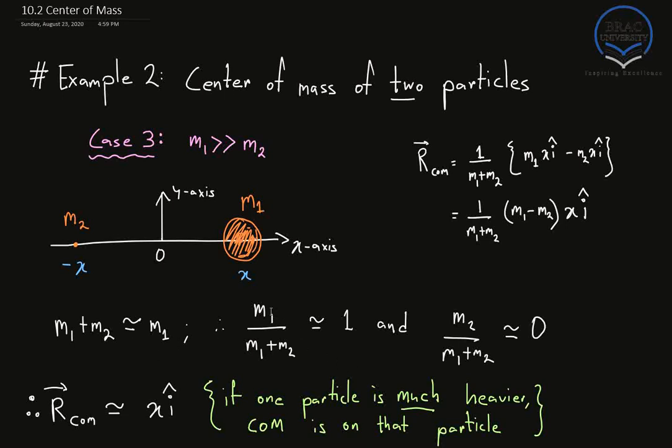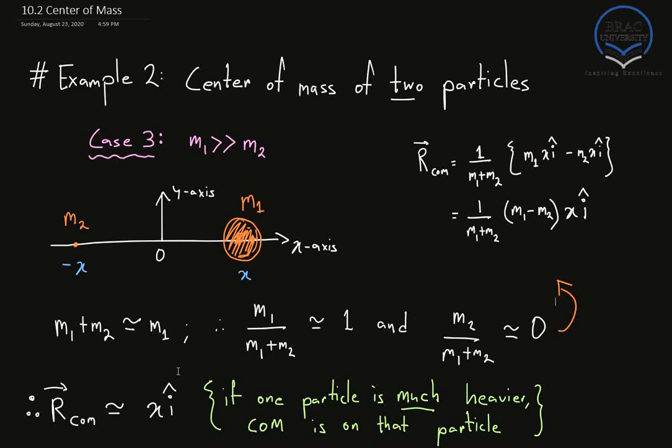In which case m1 divided by m1 plus m2 is approximately m1 by m1, which is 1, right? And then m2 divided by m1 plus m2 is approximately 0, because m1 is just so much greater than m2. If you apply these approximations here, what do you end up with? You end up with R_COM approximately x i hat.